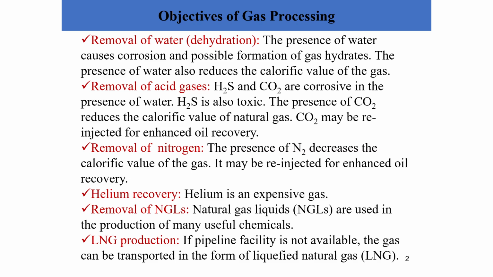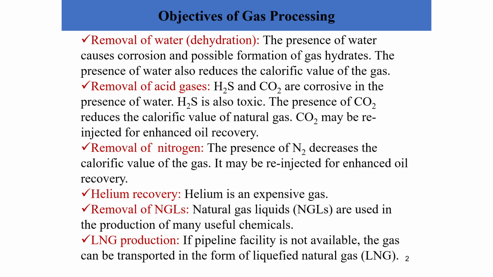So in this slide we will be exposed again to a list of the main objectives for what we call natural gas processing, or why we need to do natural gas processing. We have already explained most of these points, such as the removal of water, the dehydration. The main reason for this is that the presence of water improves the condition to form gas hydrate.